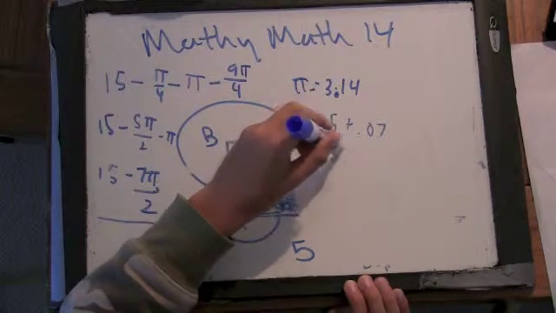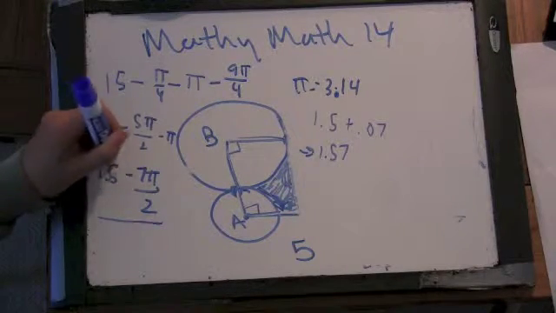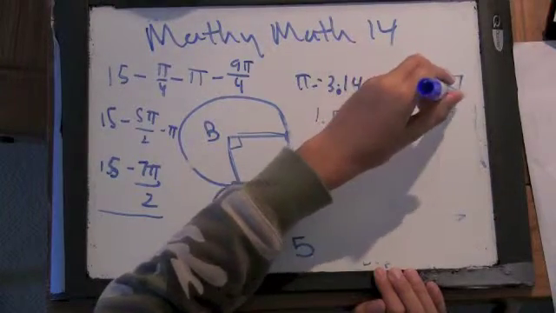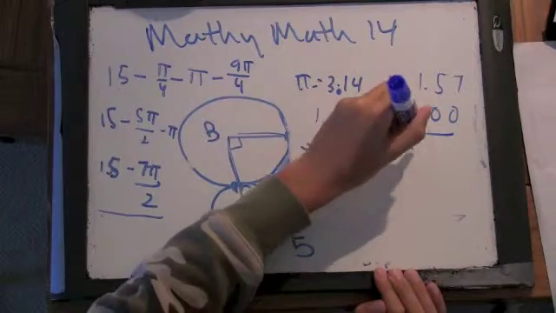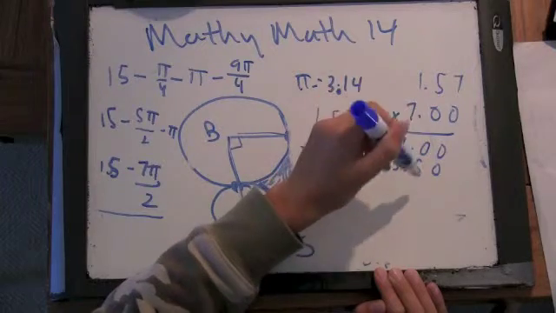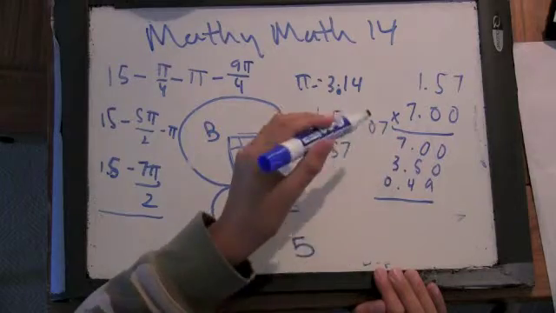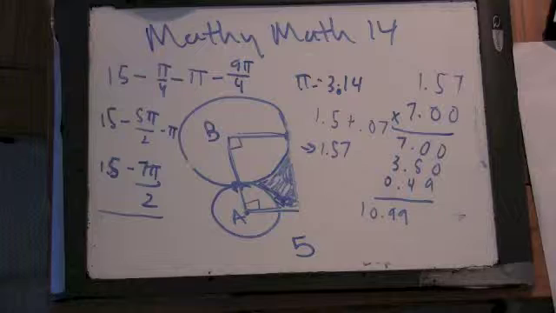So it's about 1.57. And then we have to multiply this by 7. Let's see. 10.99.